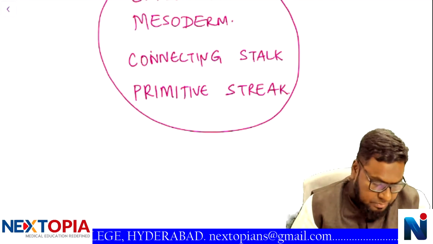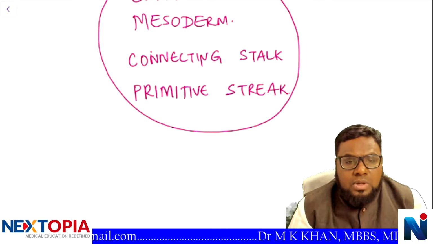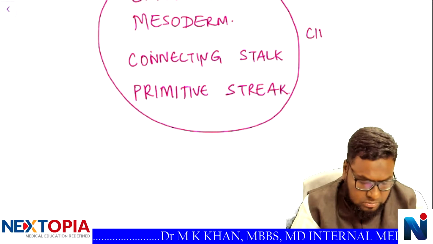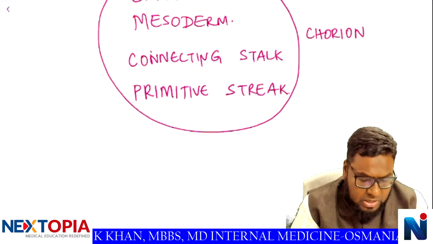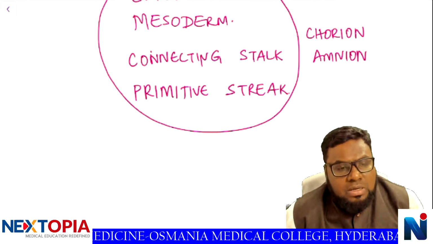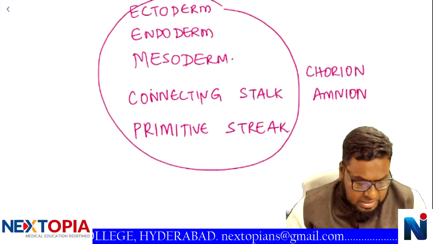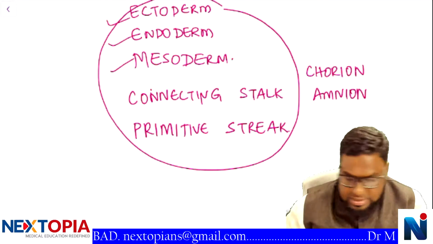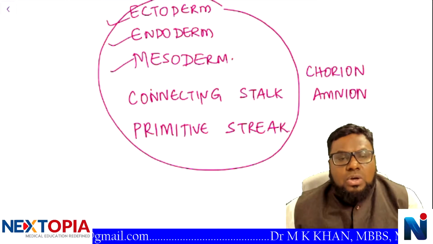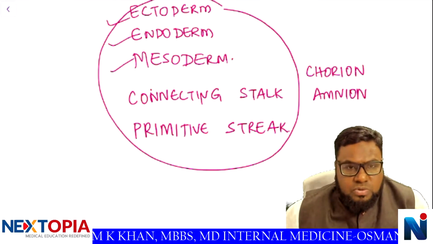The layers are the chorion, the amnion. We'll talk about these layers shortly. And then we'll talk about how the 3 germ layers, ectoderm, endoderm, and mesoderm, are undergoing differentiation to form the primitive structures of various organ systems of our body.